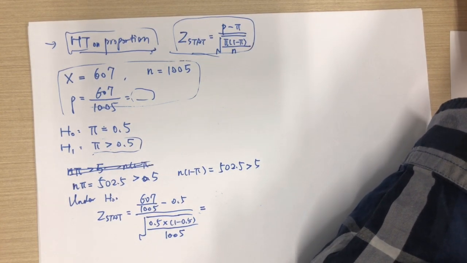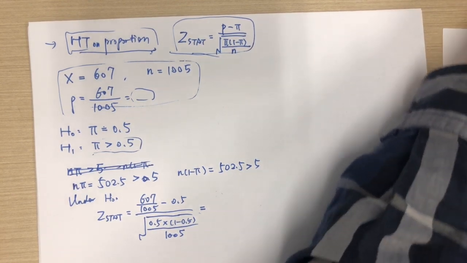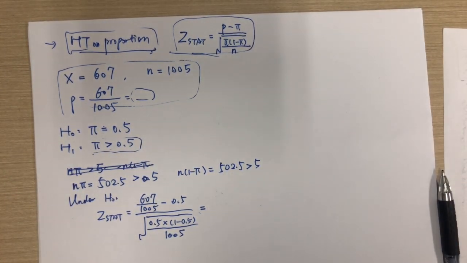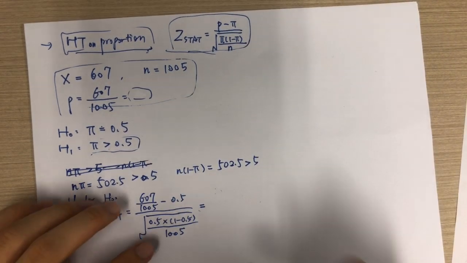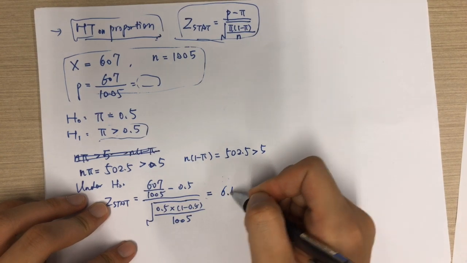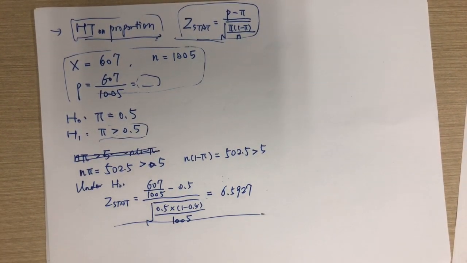And I need to put a square root on it. SQRT. All right. Yep. I think that's fair. All right, so finally, I've got the observed z-stat to be 6.5927, right? So this is the z-stat.